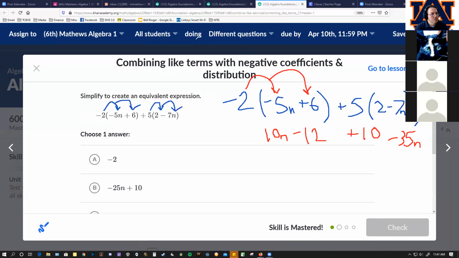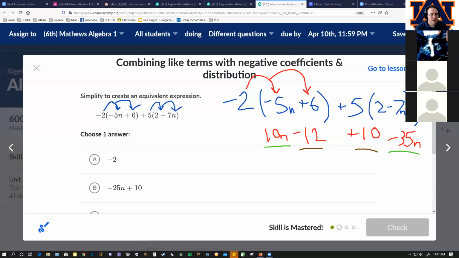Okay. So what can we put together? Well, we've got 10n and negative 35n that'll go together. And then we have negative 12 and positive 10 that'll go together. So let's do the ones with the variables first.